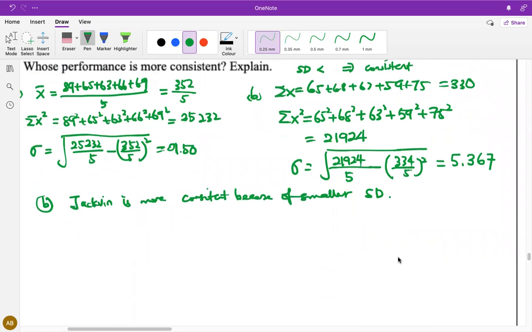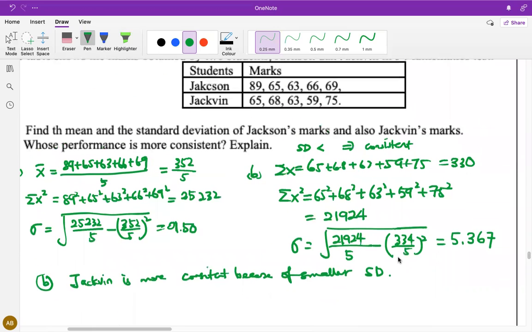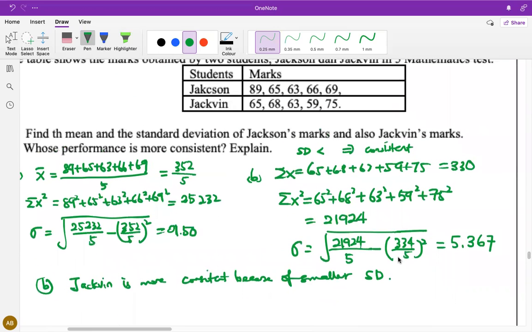Okay, and then the mean, I think 230 divided by 5 is 66. So the mean for Jack Fin is 66, and 352 divided by 5, the mean for Jackson is 70.4.